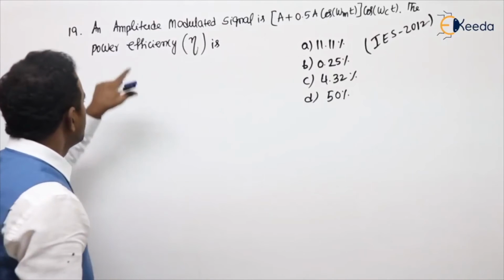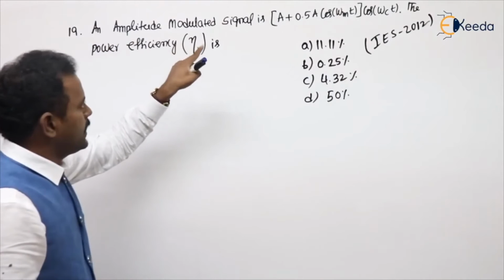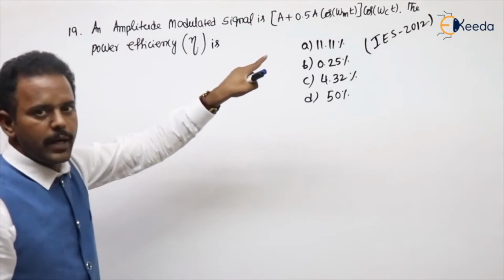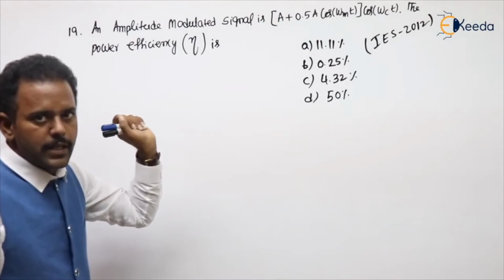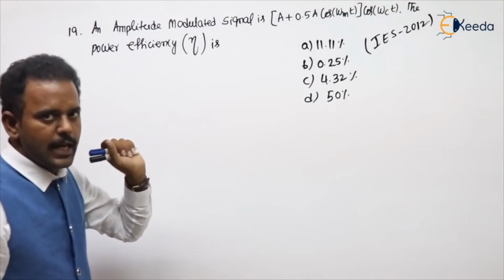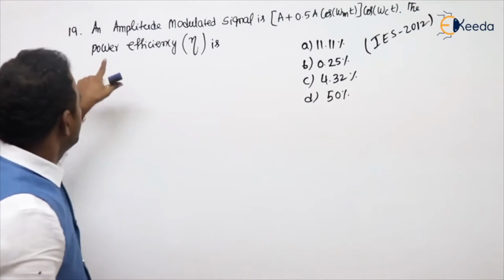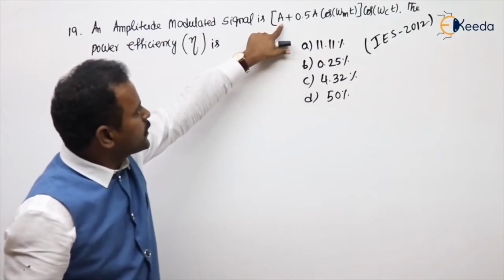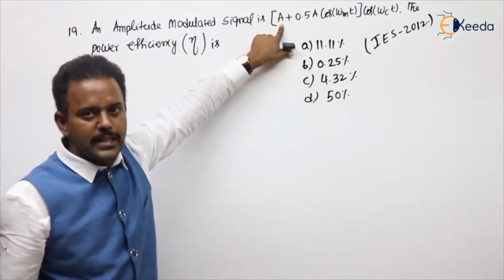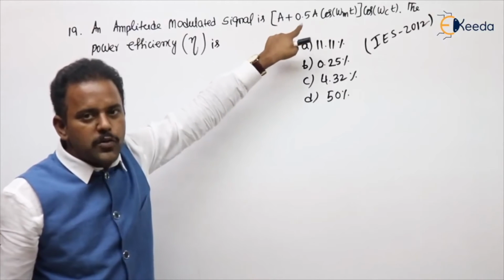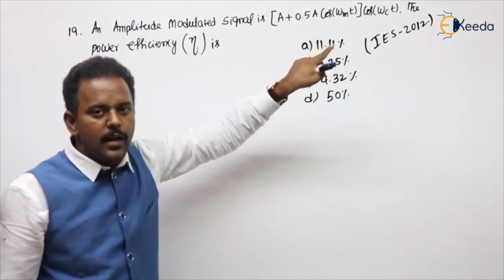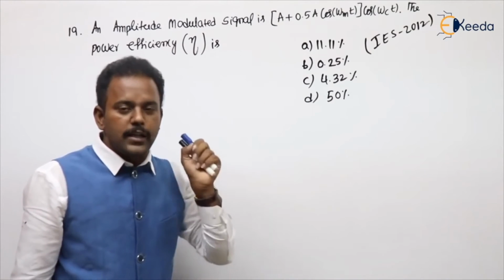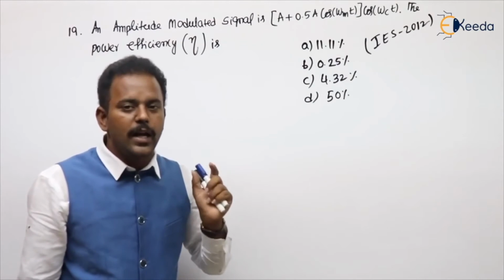See the problem. An amplitude modulated signal is A plus 0.5 A cos omega m t into cos omega c t. Here omega m is the message signal frequency and omega c is the carrier signal frequency, both in radians. The power efficiency eta is? If you see the expression and take A common, that is nothing but Ac into 1 plus mu cos omega m t into cos omega c t. This is the second expression, the first expression in the single-tone AM, which is asked a number of times.